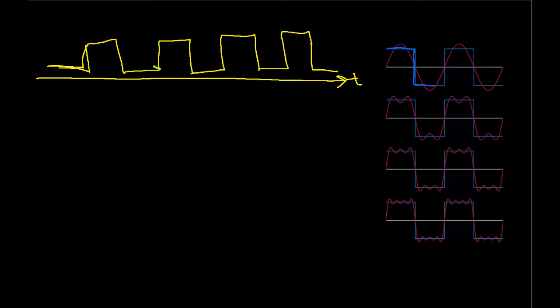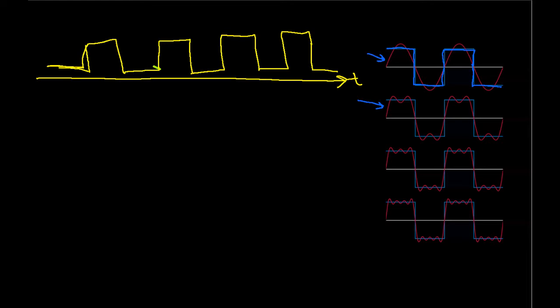I have a square wave, and in the top picture it shows that I can approximate the square wave with the sine wave. You can see that the sine wave goes up where the square wave goes up, and down where the square wave goes down. By adding another sine wave to my first sine wave, the second sine wave in this particular case has a frequency 3 times the frequency of the first sine wave, I get something that looks like this, which is closer to my square wave.